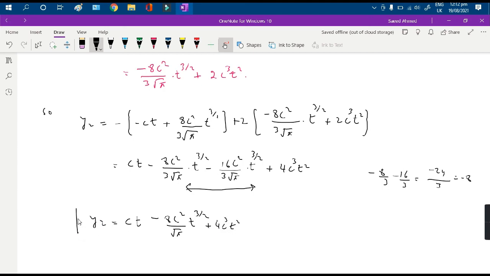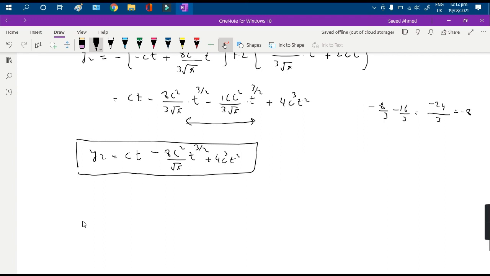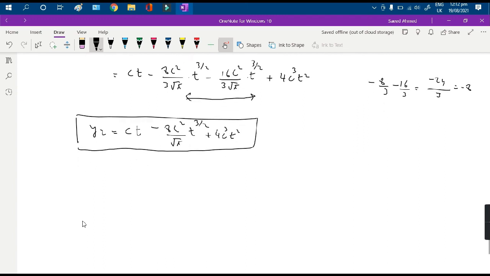This is my y2. Okay, I have successfully found 3 components. Since the next component will take much calculation, I'm just leaving it from here. So our assumed solution was y, which is the infinite series y0 plus y1 plus y2 and so on.